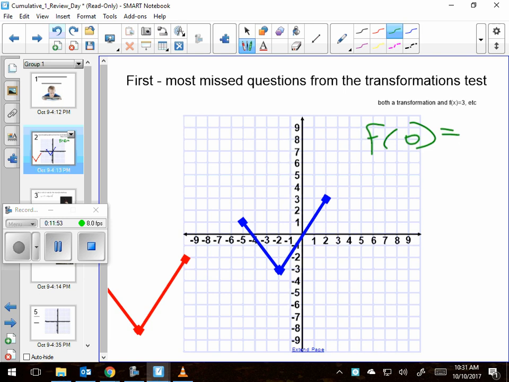So did I tell you the x or the y? I told you the x, because this is normally f of x, right? So I told you the x was 0. So the x, which is all these numbers, I should zoom in on the x is 0, which is right there. And it actually happens to also be touching the function right there, so the answer is 0. Do you get f of 0 equals 0 means the point 0, comma 0?